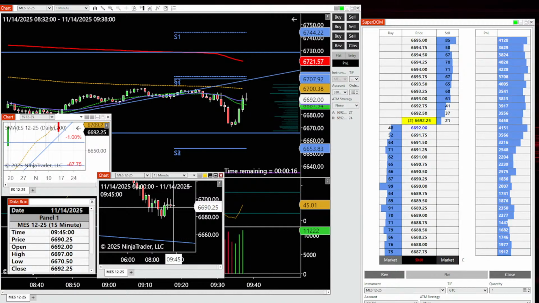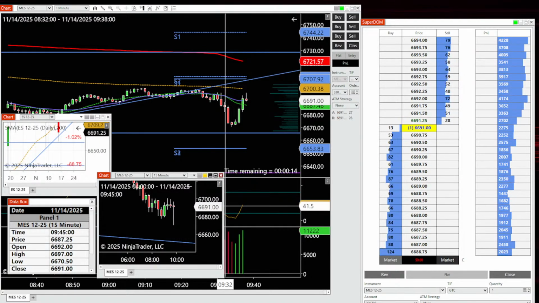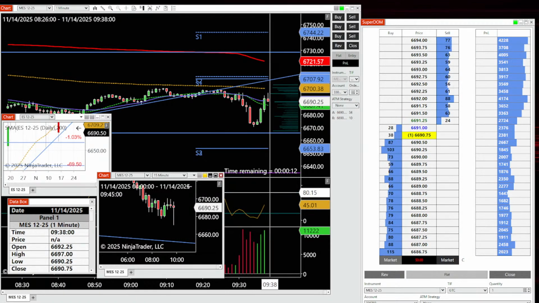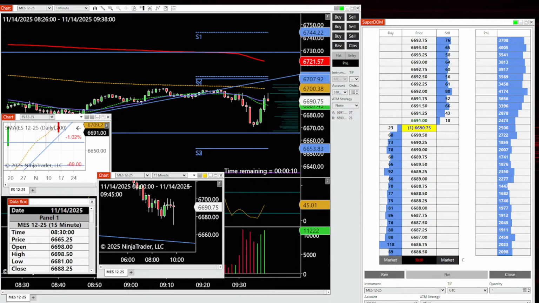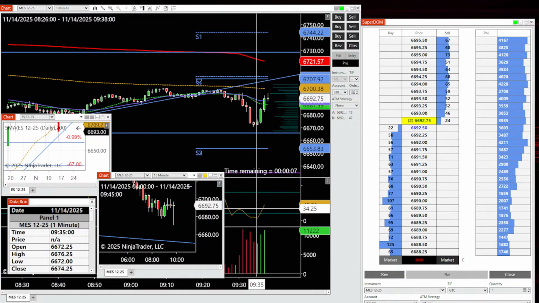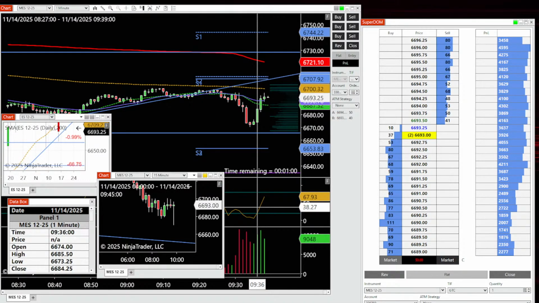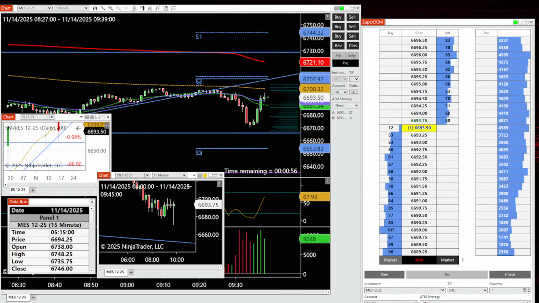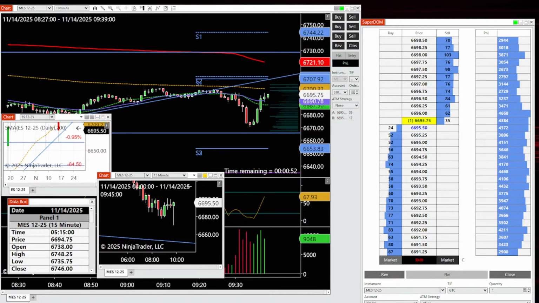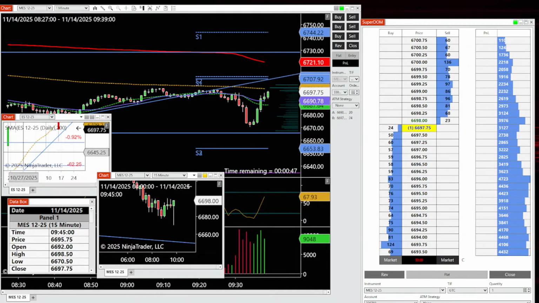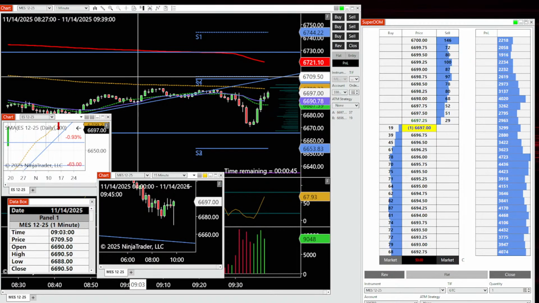Just popped about 30 points there. Got stochastics coming up and out of oversold. And on the 15-minute chart, stochastic is coming out of oversold. We're around the point of control at 94. 6707 is these areas.